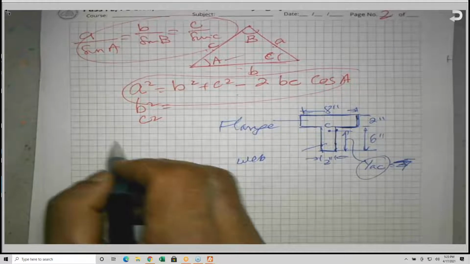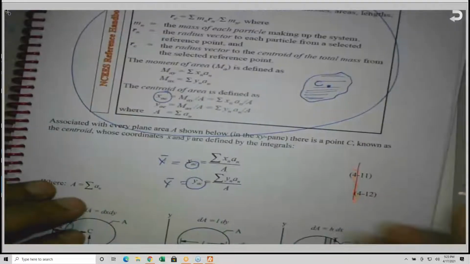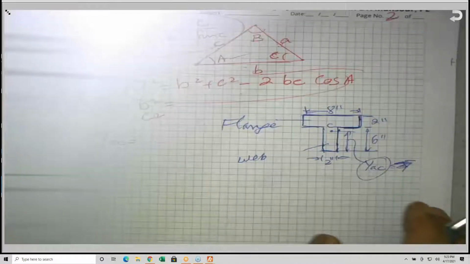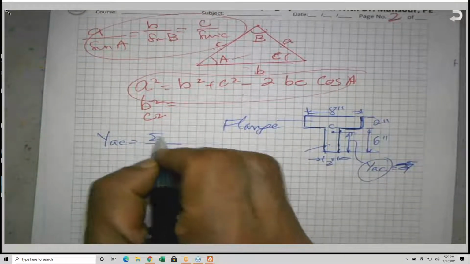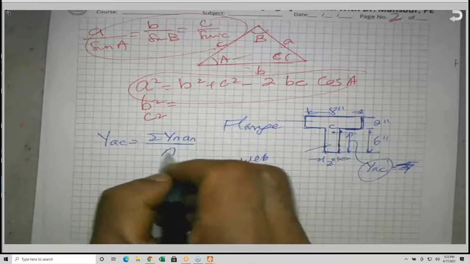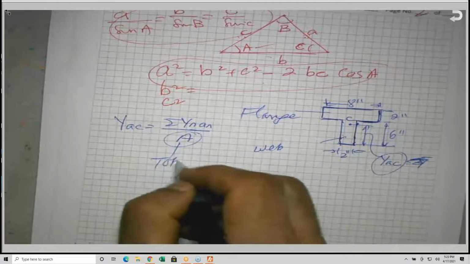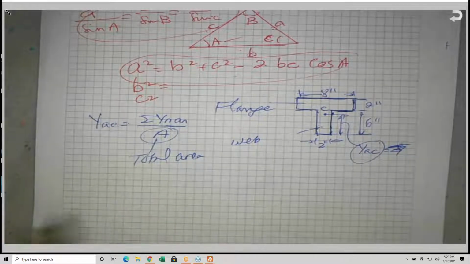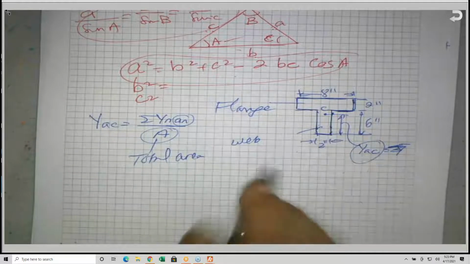So to get the y, I will use the equation given in the NCEES. y is equal, here it is. The sum, you don't have to memorize the equation. The sum of the yn an divided by the area. Area is the total area of the given section. But lowercase a n, these are the individual areas.